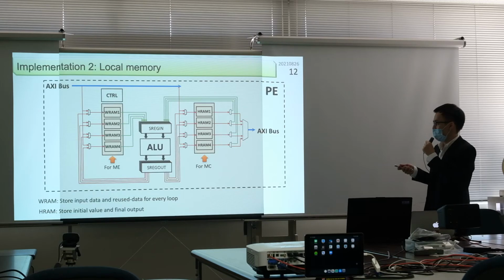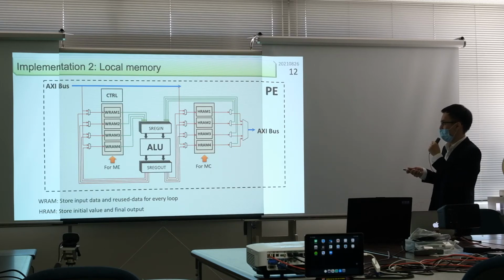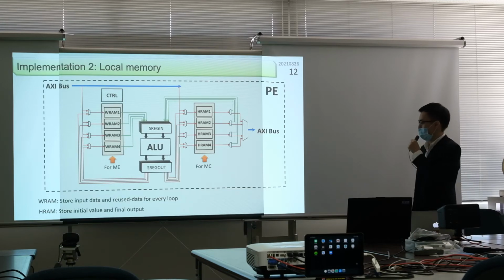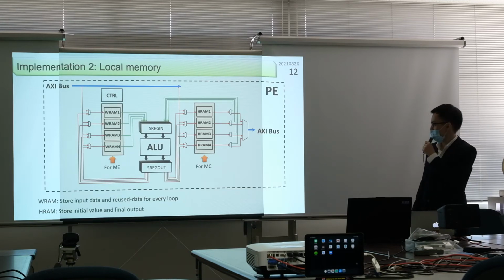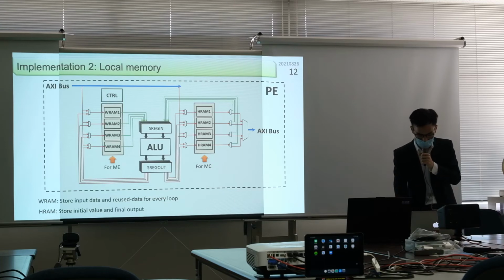In this way, multiple input data can be stored in the WRAM, and when the RU finishes computing every input data, the final output stored in the SRAM will be transferred to the external memory. In this way, we can reduce the latency of accessing the external memory.